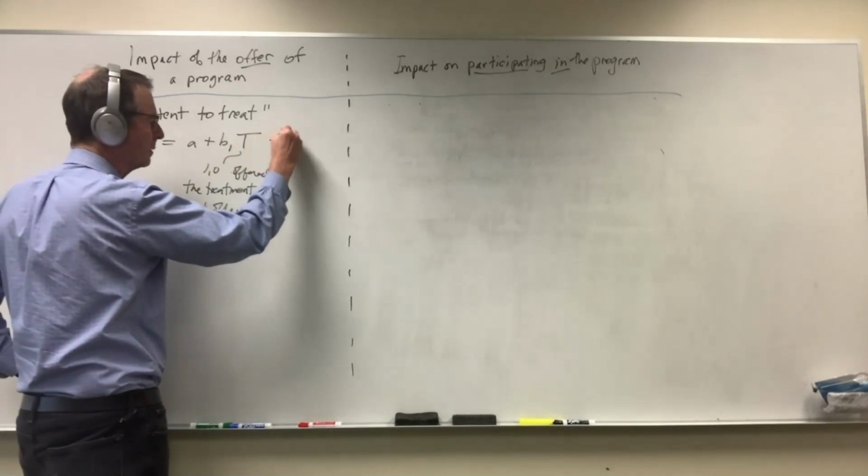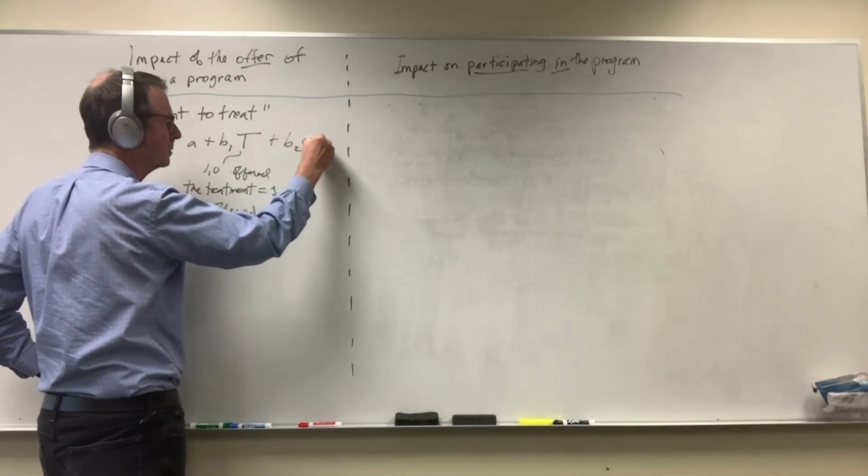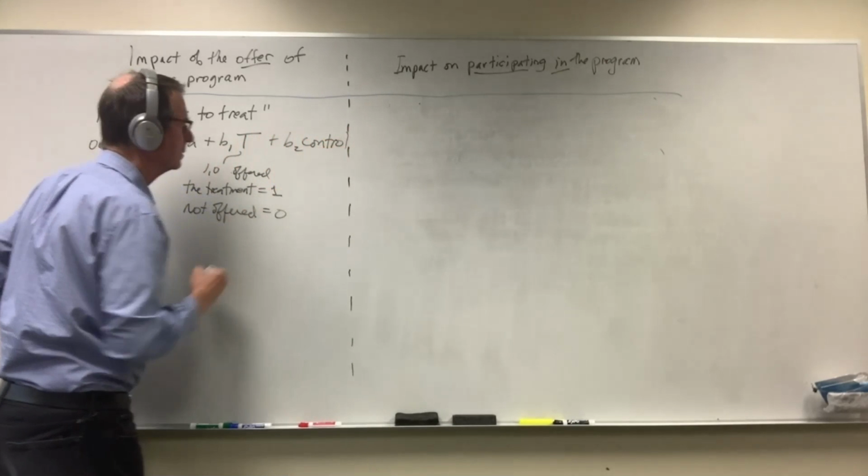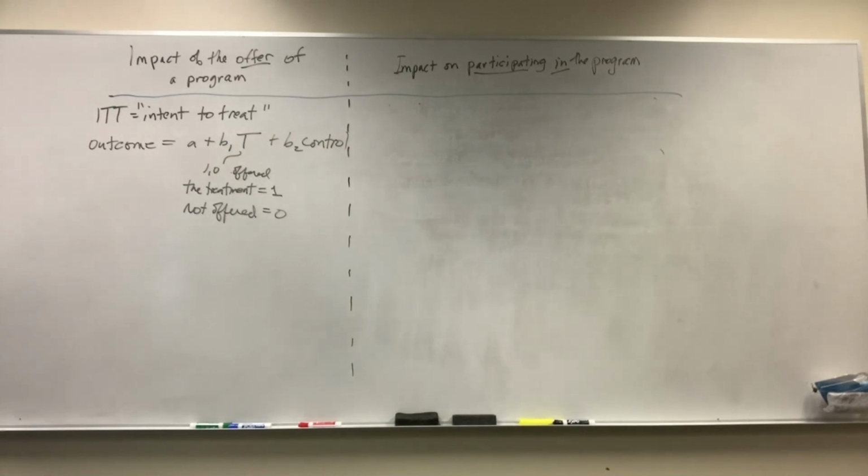And then maybe we've got control variables. All right, that's all we did before, and that's very straightforward.